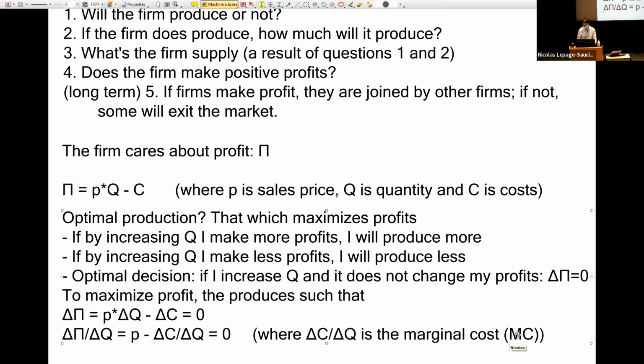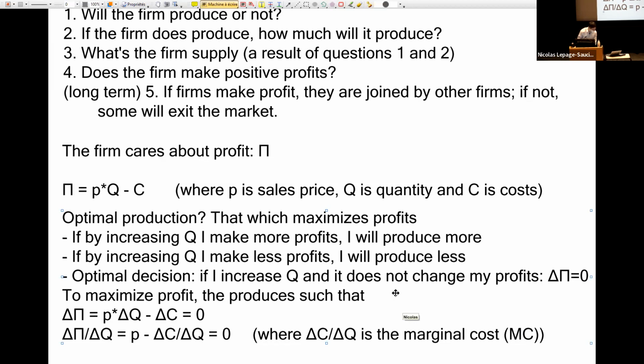So it's the marginal cost of producing an extra unit that gives me just enough that it's paid back by how much I'm going to get on the market selling this unit, which is the price. And the price is the marginal revenue. So the optimal decision is that the marginal revenue equals the marginal cost, or the price equals marginal cost.